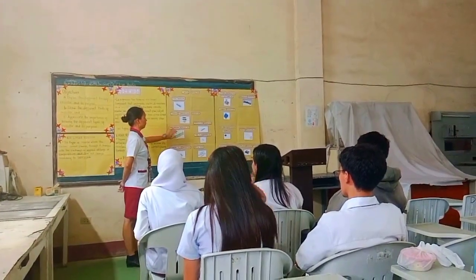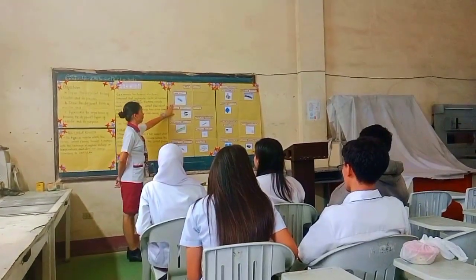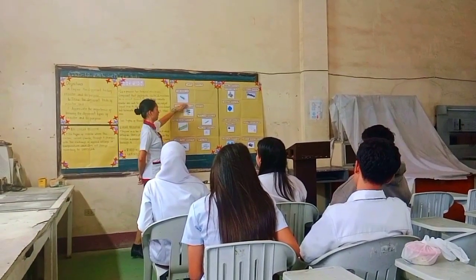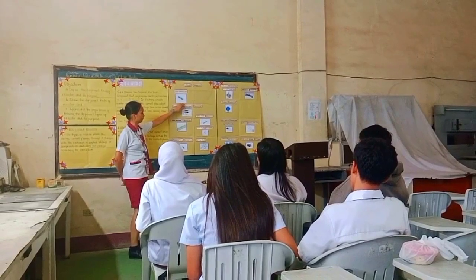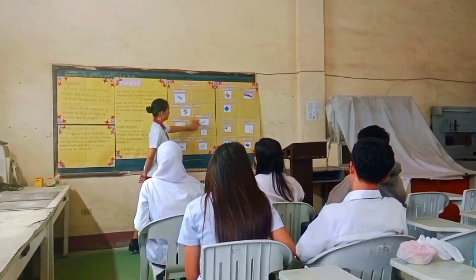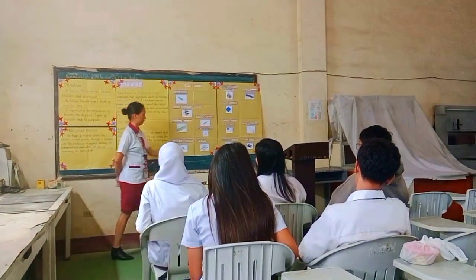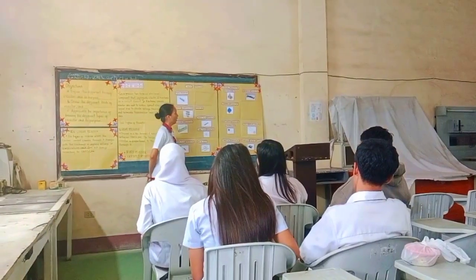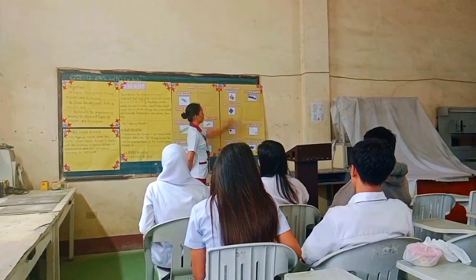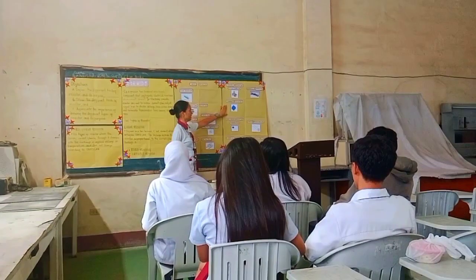Here are examples of linear and non-linear resistors. Under fixed resistor, there is the carbon composite resistor. Under variable, there are the potentiometer, rheostat, and trimmer resistor.